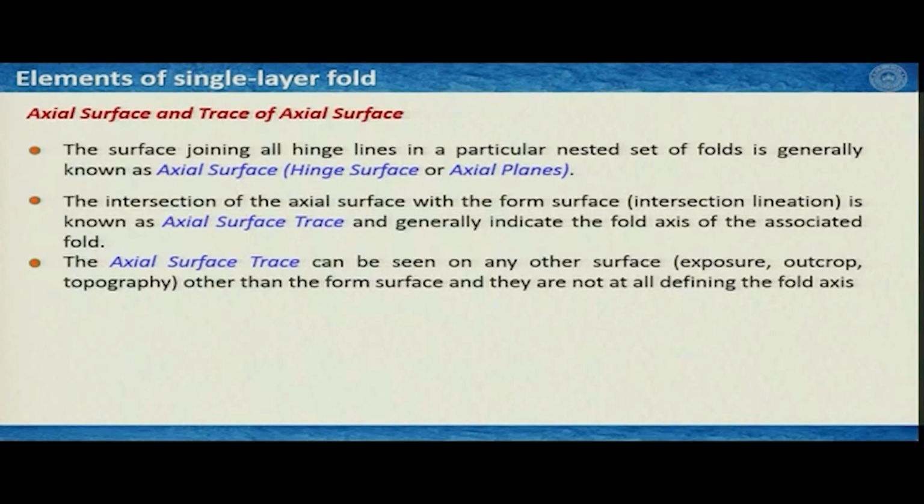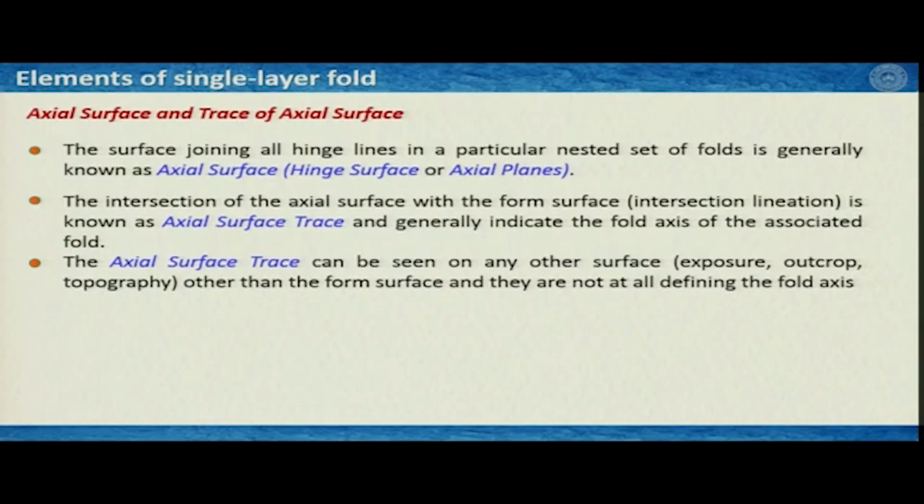Now, again we will first describe this with these texts, I will read it, and then in the next slides we will see them as illustrations. The surface joining all hinge lines in a particular nested set of folds is generally known as axial surface. It is also termed as hinge surface or axial plane.